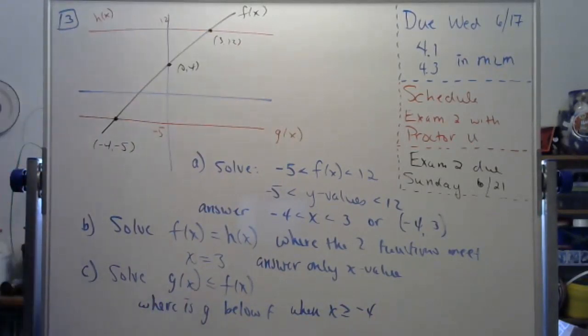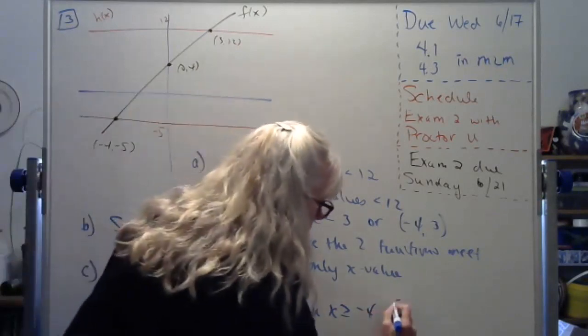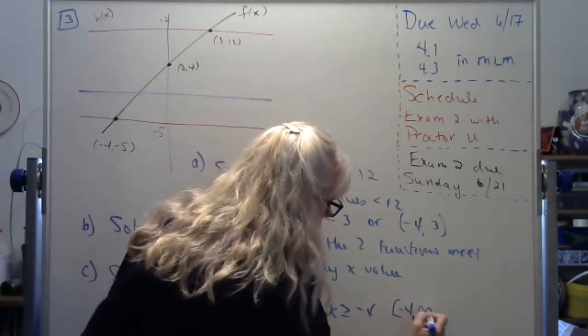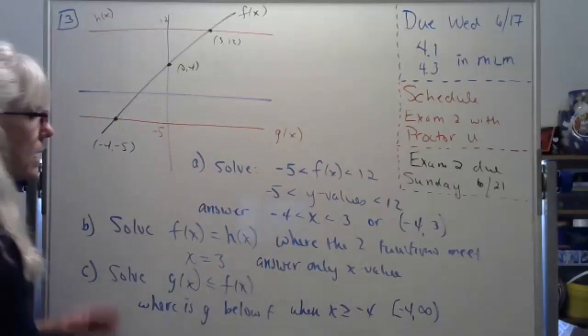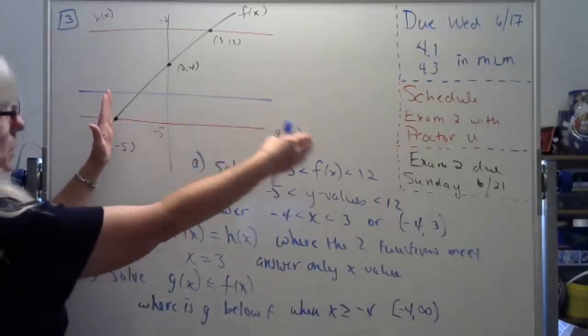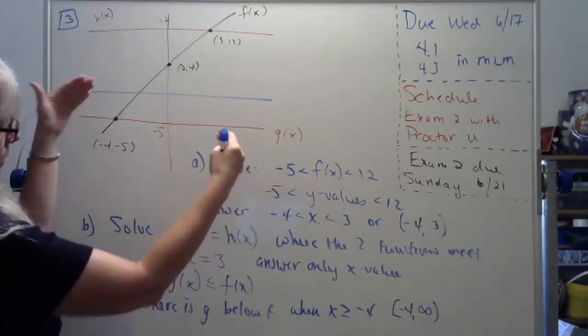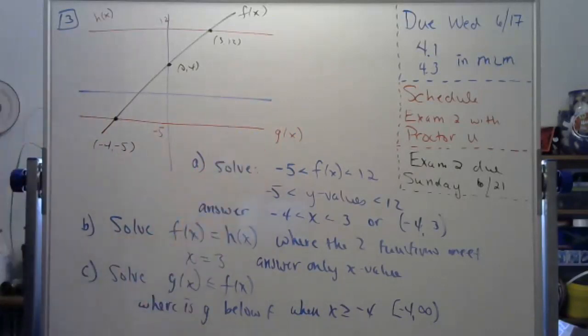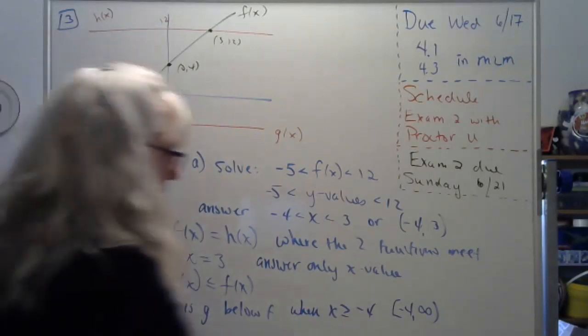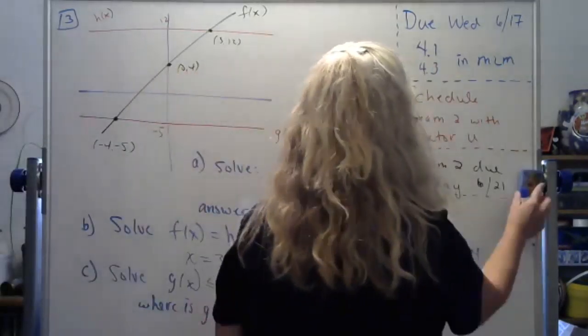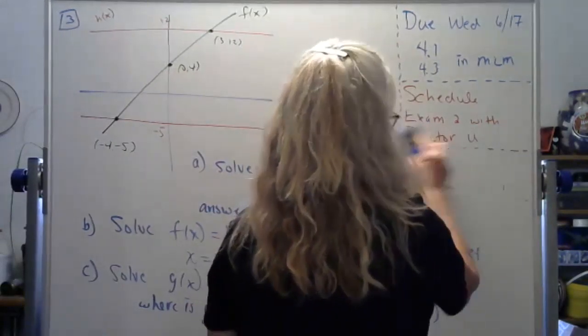And to write that in interval notation, we're going to go from negative 4 to infinity. So we're simply saying, starting at negative 4 off towards positive infinity, the function g of x is below the function f of x. Okey-dokey. There's one more part to the example.